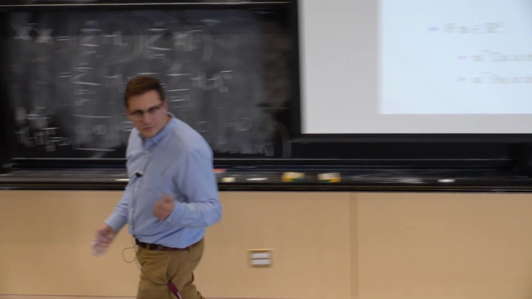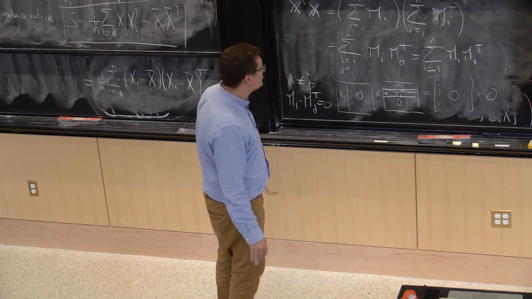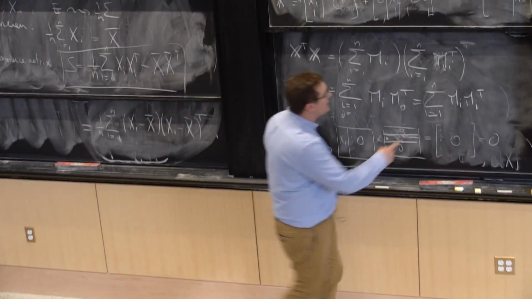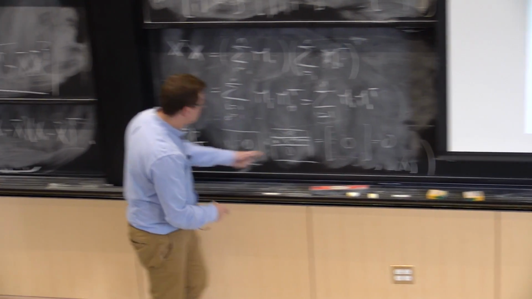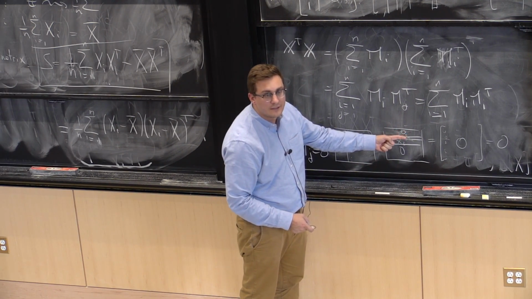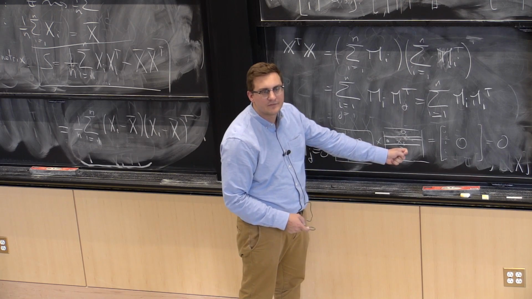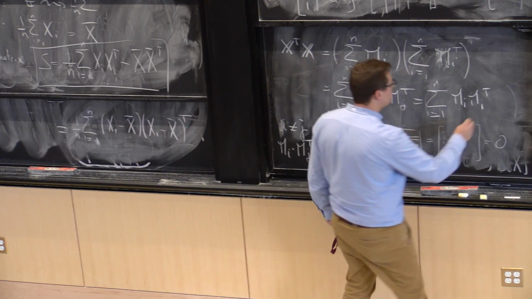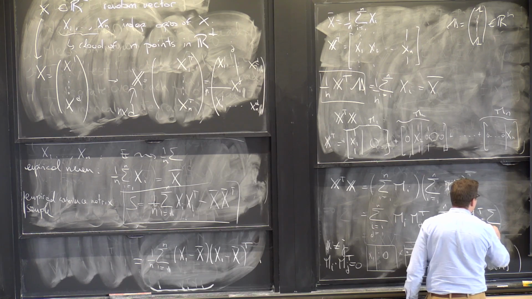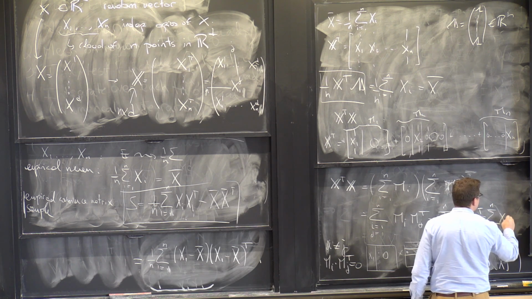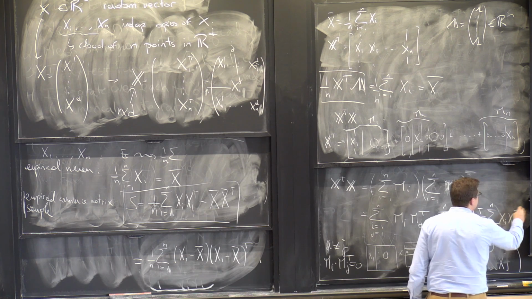Now let's see what's going on when I do m1 times m1 transpose. Well, now if I do mi times mi transpose, this guy becomes xi, it's here. And so now I really have xi times xi transpose. So this is really just the sum from i equal 1 to n of xi xi transpose.